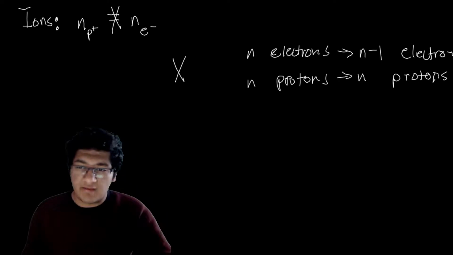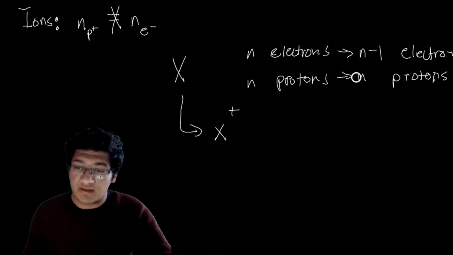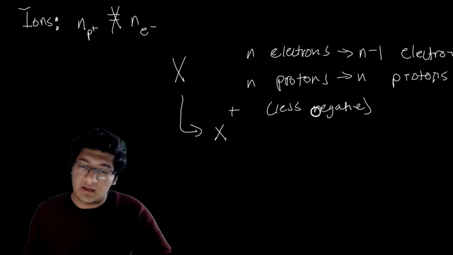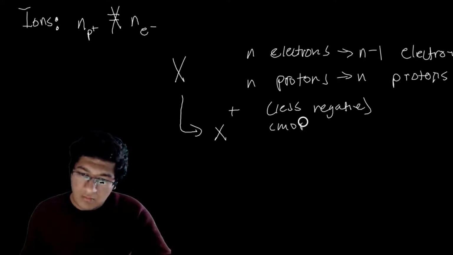So if I have one less electron, that makes this into X plus, because now we have less negative, which would mean it's also more positive.